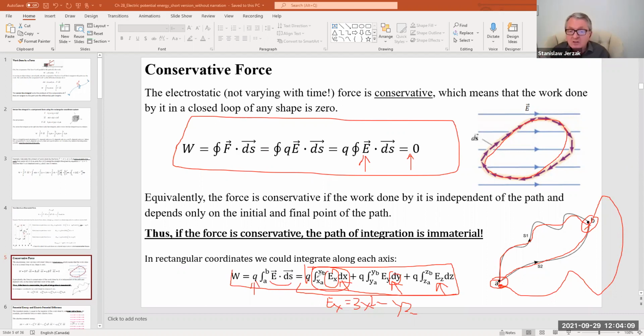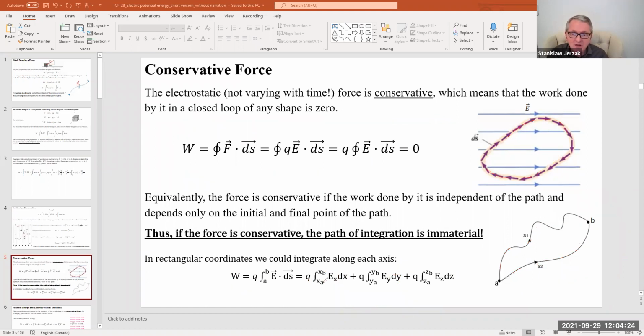That makes that integration very easy. So these conservative forces are of huge importance, and calculations for these conservative forces are particularly simple because of that. I'm making a few steps ahead, but you will know in the future what I really mean by explaining that we will be able to integrate one variable at a time.